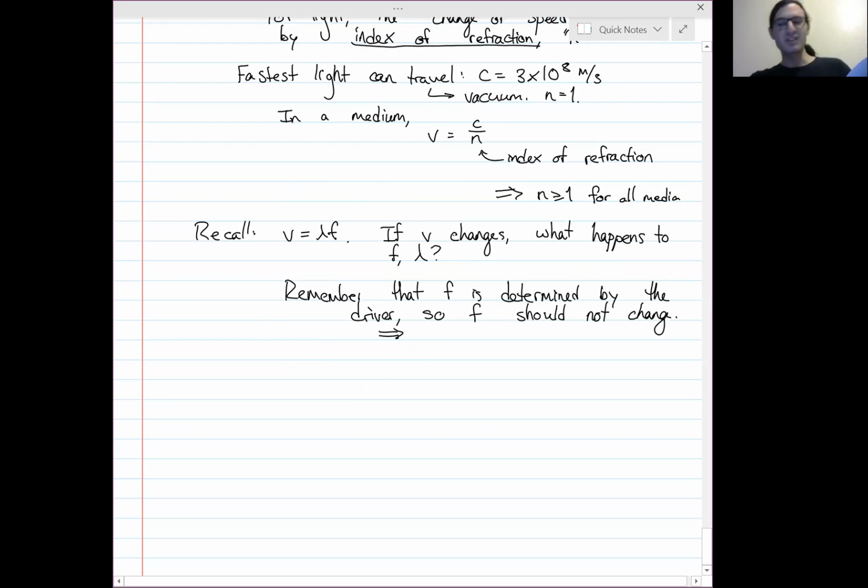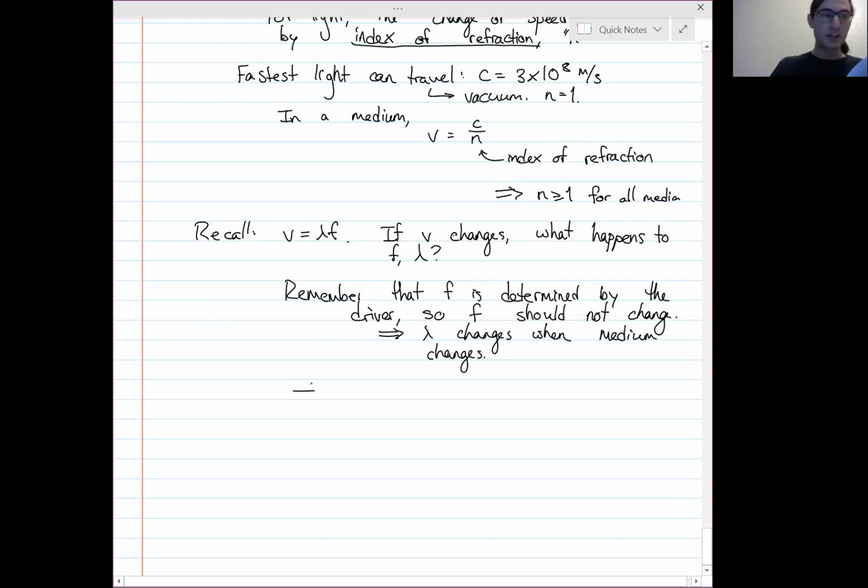But if the frequency stays the same and the wave speed changes, then that means that lambda, the wavelength, changes when the medium changes. So that's the thing that actually changes, the wavelength itself, not the wave frequency.